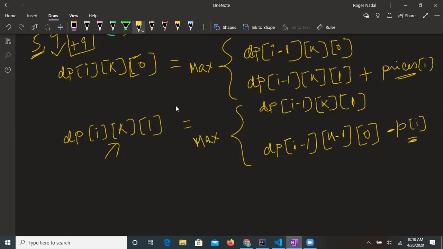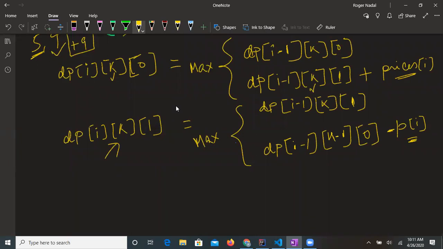See, when we are selling, then we are not changing the transaction. K is here K and here K, it's the same. Because selling doesn't mean a transaction, right? Because it was part of a transaction which started with the buy, but it didn't complete. That's why we are not changing that value.